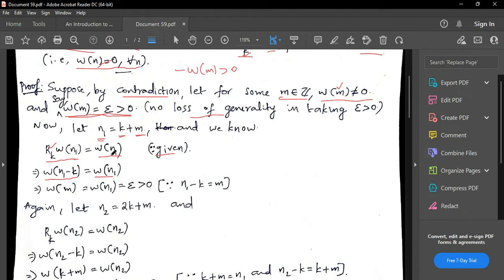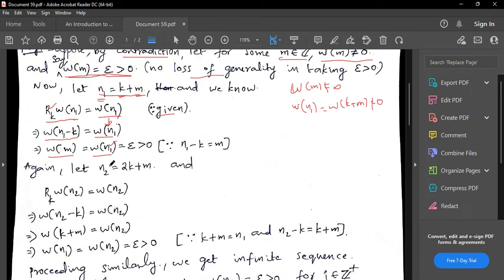Here n1 minus k is equal to m, so w of n1 is equal to w of m. So we have produced another index n1 such that w of n1 equals w of m. At the first stage w of m was non-zero; now we have produced a further term w of n1, equal to w of k plus m, which is not equal to 0.